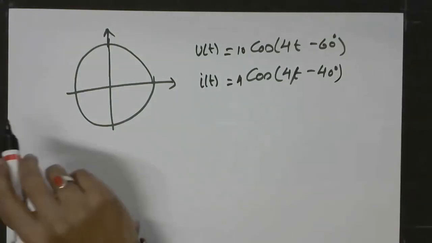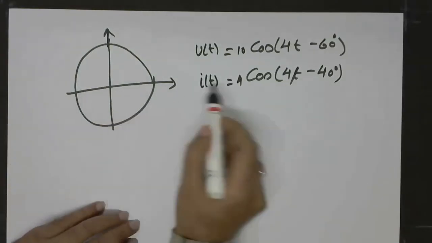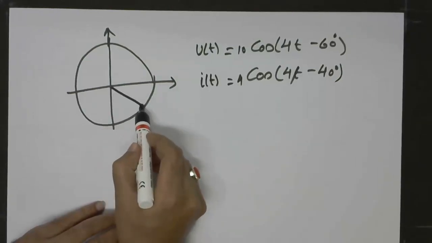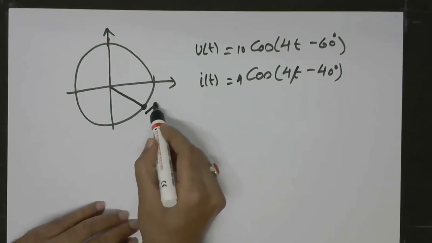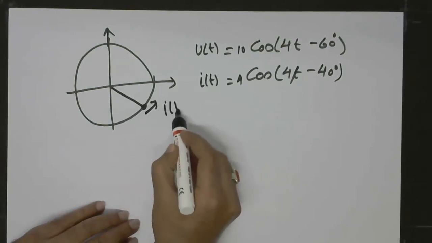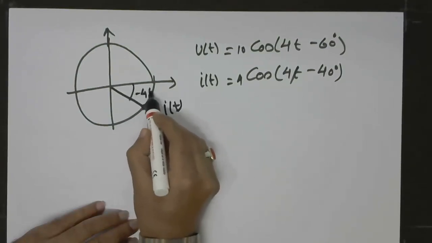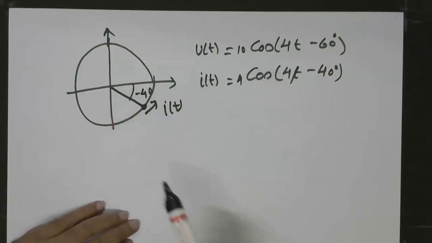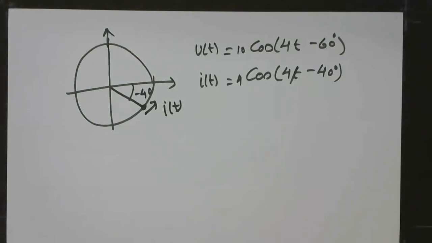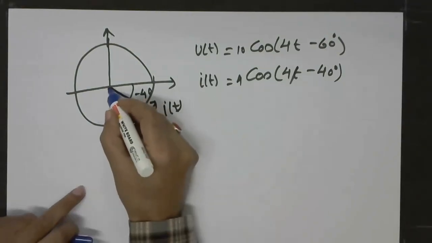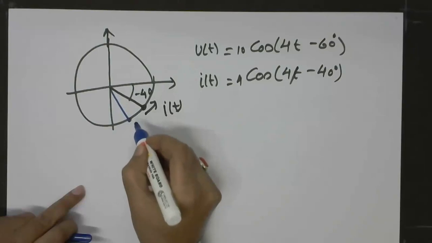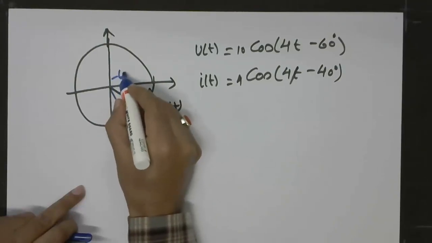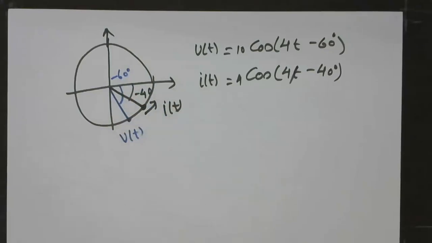So here the scenario will be that your It is this one, It with minus 40 degrees, and then Vt will be with minus 60 degrees. So this is Vt with minus 60 degrees.